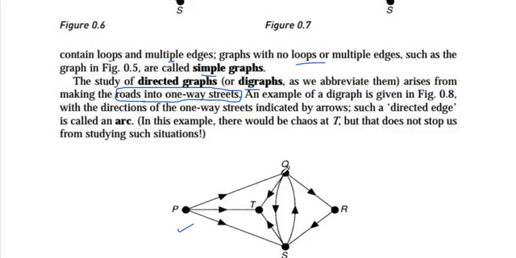If we want to create a two-way road, we have to create a new edge, a new road. You can see that one way. Here, between Q and S there is a two-lane road, so we can go from S to Q and Q to S also. So this is the directed graph, with only one-way streets. This is called a directed graph.